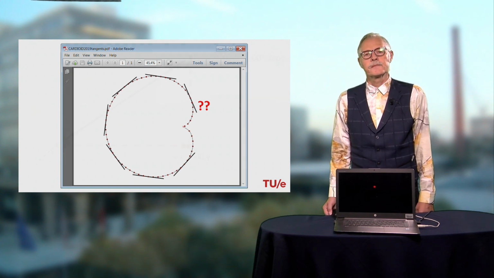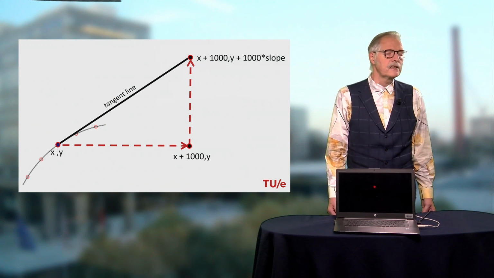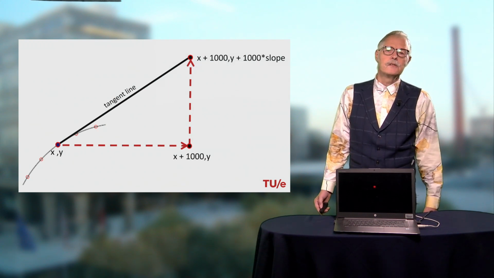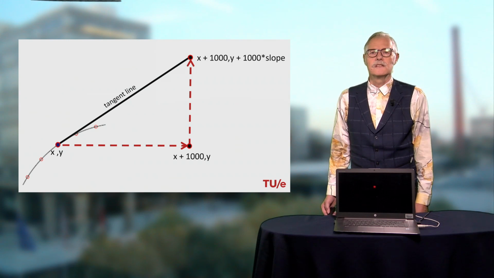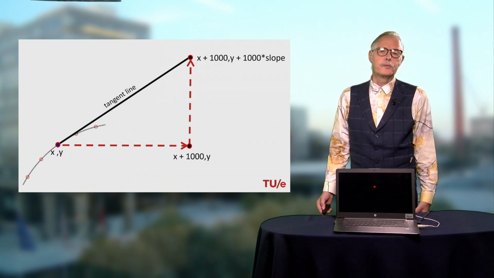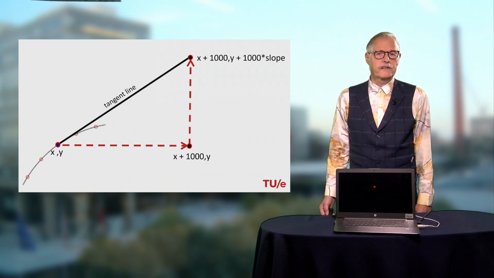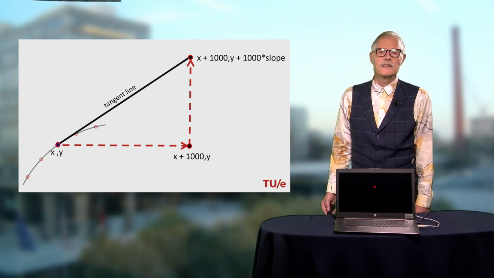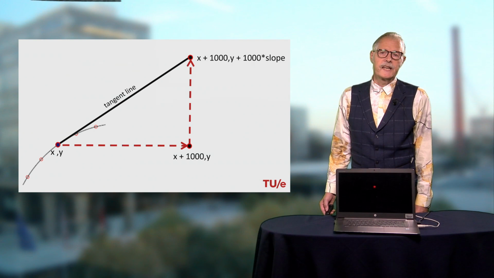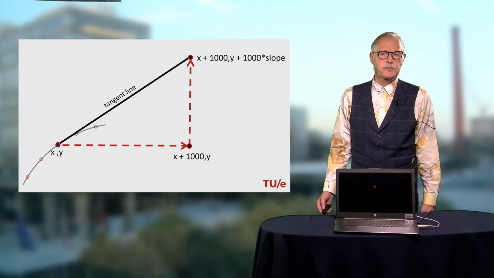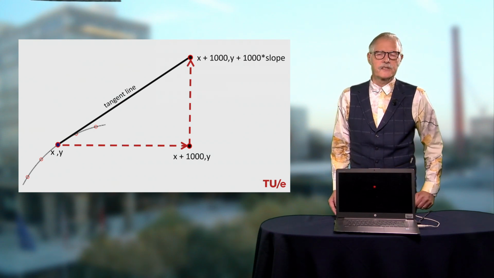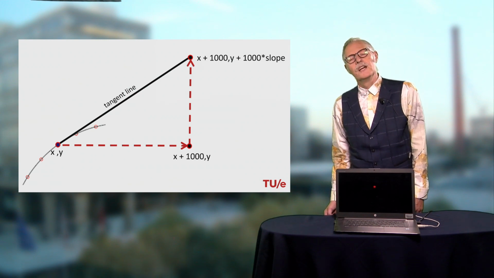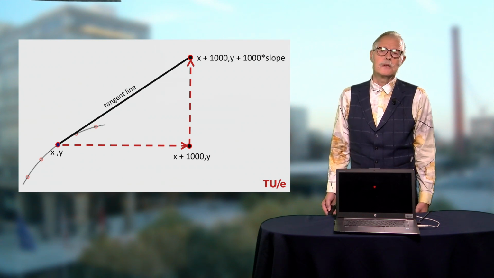And yes, we can. Here is the basic idea of drawing a line if you know the tangent by its slope. So suppose we have a point x, y, which touches the main figure. Then we can choose another x, say x plus 1000, so that's very far to the right. And then how much should we go up?